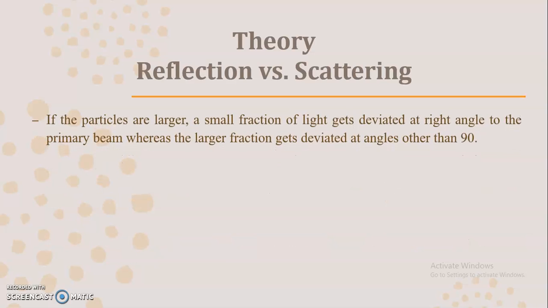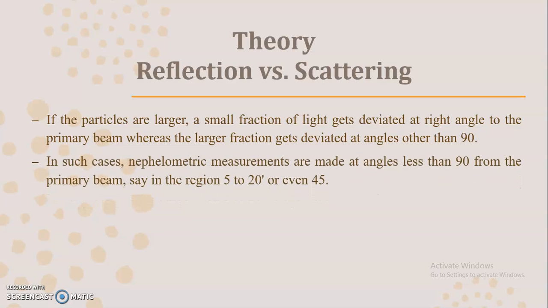Still, if the particles are larger, a small fraction of light gets deviated at a right angle to the primary beam, whereas the larger fraction gets deviated at angles other than 90 degrees. So this will occur when the particles are larger. In that case, the Nephelometric measurements are made at angles less than 90 degrees from the primary beam, for example in the region of 5 to 20 degrees or even at 45 degrees.